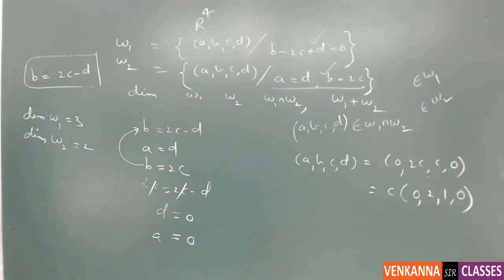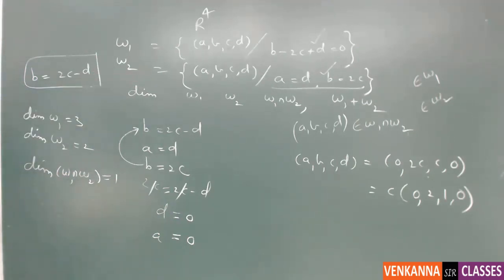So whatever the point you take in the intersection, that is nothing but a linear combination of only one vector, (0, 2, 1, 0). Since it is only one vector, it is by default independent. So it always spans, so it is the basis. So the dimension of the intersection is 1. Now you got 3 values.